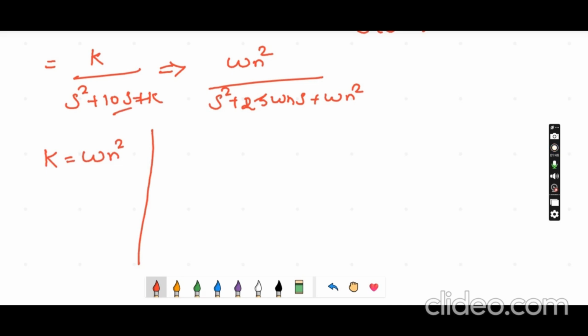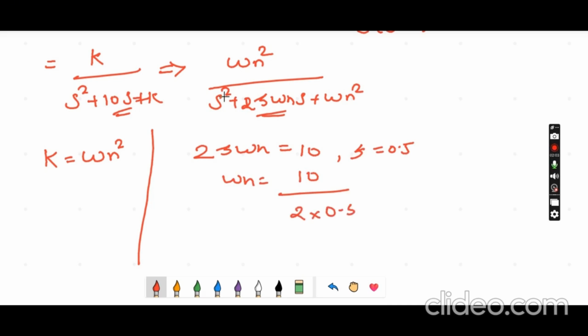Next, the coefficient of s: 2 zeta omega n equal to 10. The given value of zeta is 0.5. So omega n is nothing but 10 by 2 into 0.5, so the answer is 10 radian per second. Omega n is 10 radian per second. So K value becomes 10 square, so K is nothing but 100.